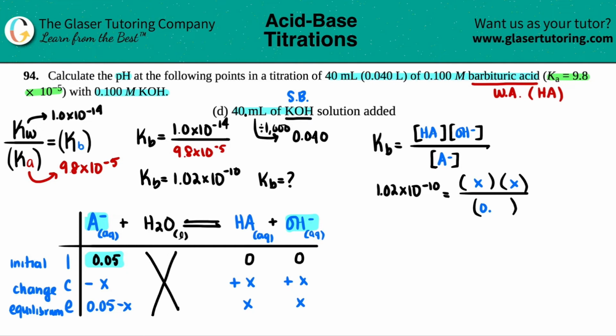And now here comes the issue. If we keep this minus X in here, that's going to give us the quadratic equation. We want to do a little check just to see if we can sneak by without the quadratic equation. Since this Kb is so small, 10 to the negative 10th, at equilibrium I should mostly have reactants.